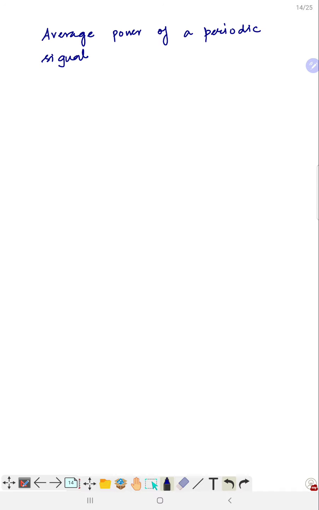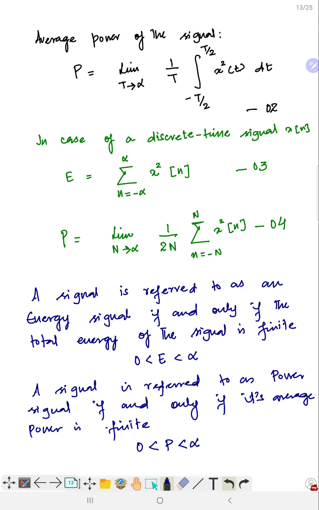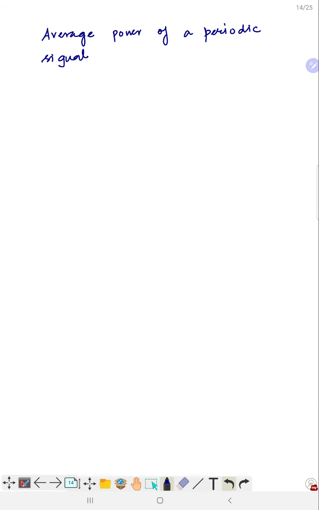So if you have a periodic signal, then you don't need to calculate it over the entire range from minus infinity to plus infinity. This limit is not necessary then, because it's a periodic signal. Periodic signals have a special property that you can calculate over one period. T is the time period, x square t, so you can get this average power.